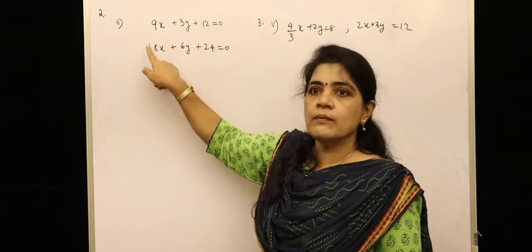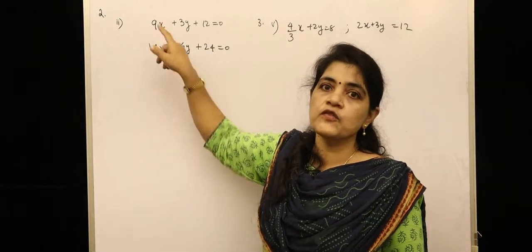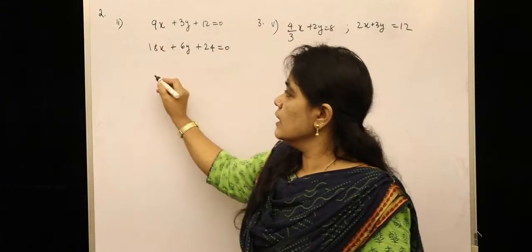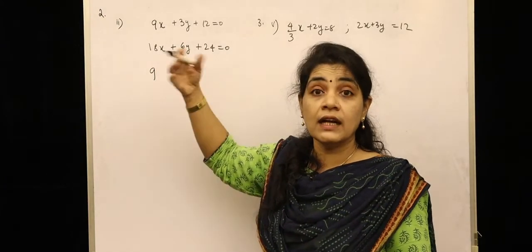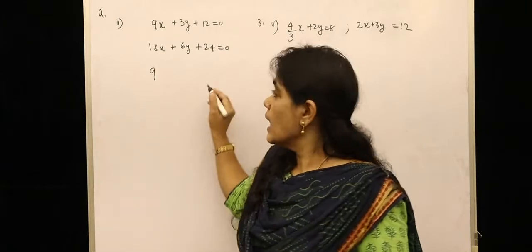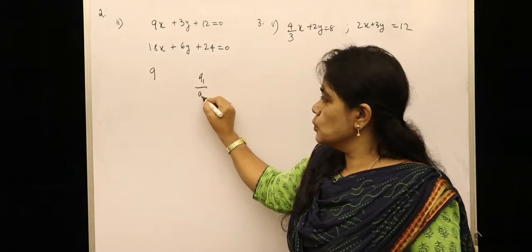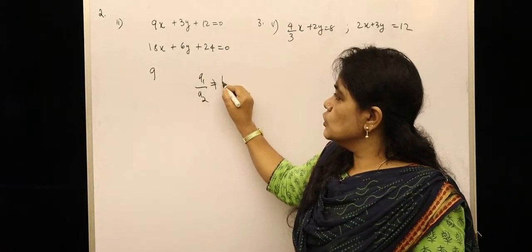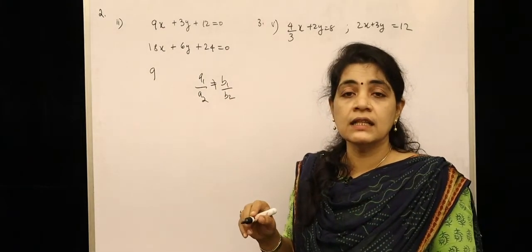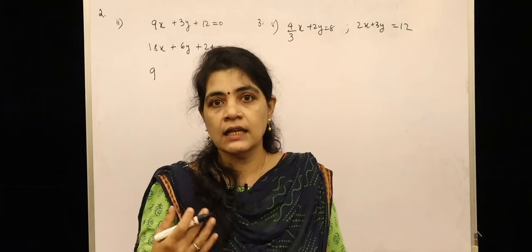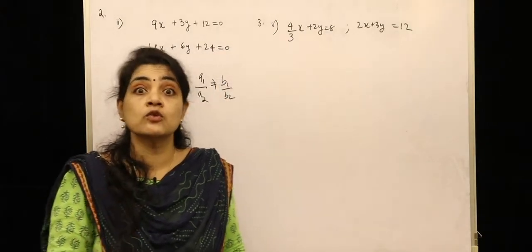Here A1 represents the coefficient of x in the first equation, that is 9, and A2 in the second. We know the condition for intersecting lines: A1 by A2 is not equal to B1 by B2. And what is the second condition? The second case is for infinitely many solutions.